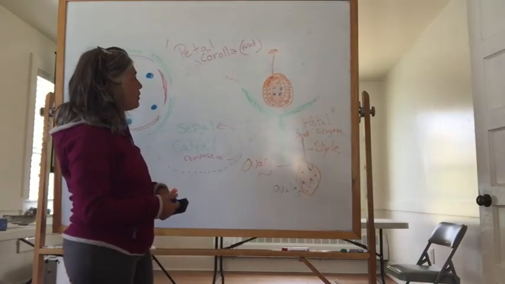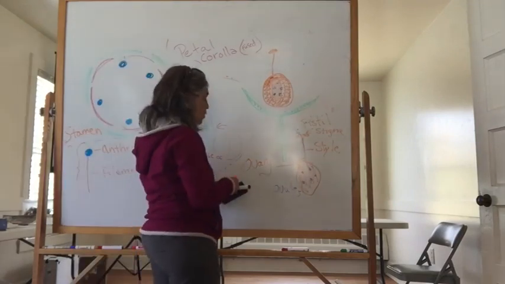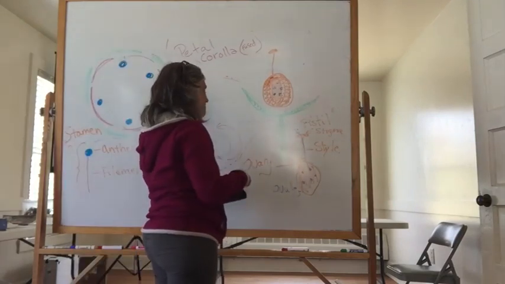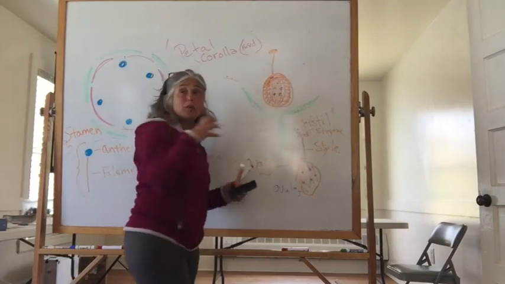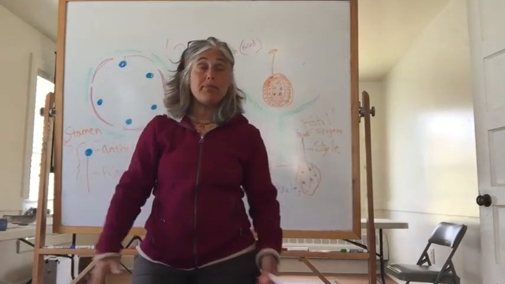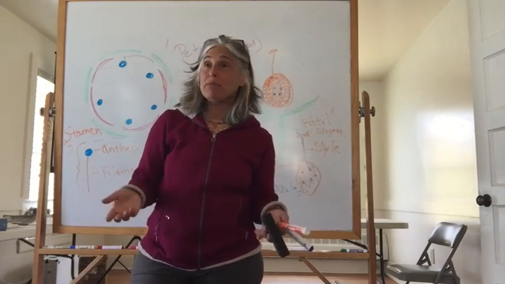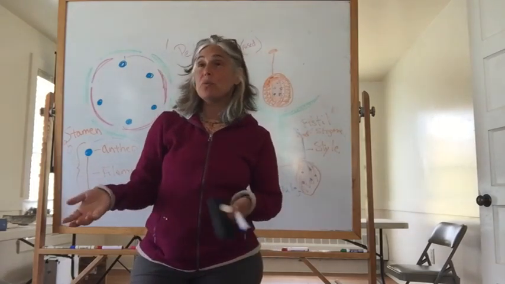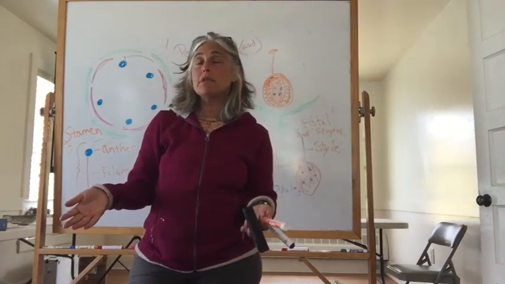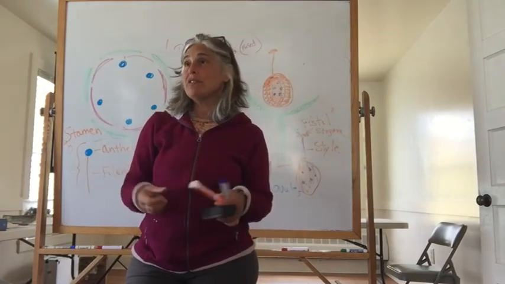So then this ovary swells and swells and swells, and the plant pumps it up with sugary nectar, lots of sugar, and that becomes your fruit. Every fruit was a fertilized ovary.